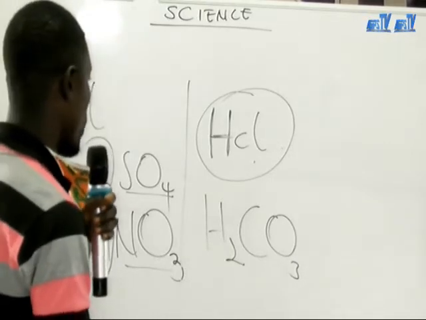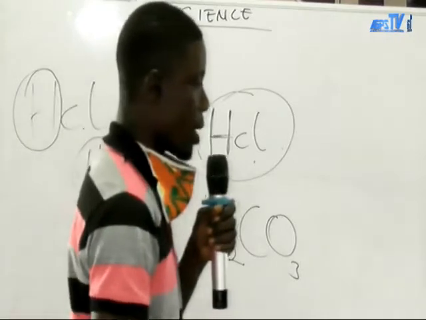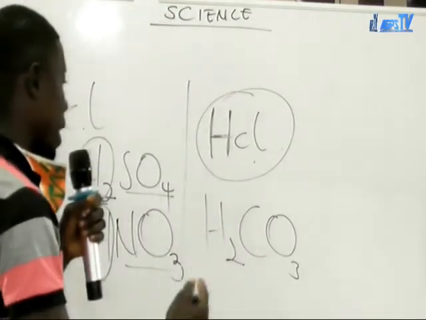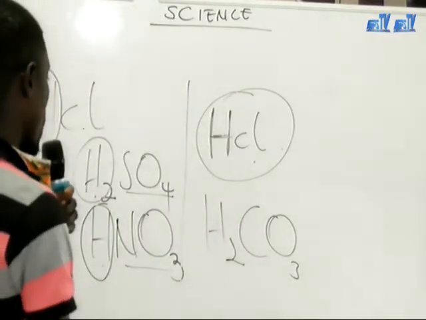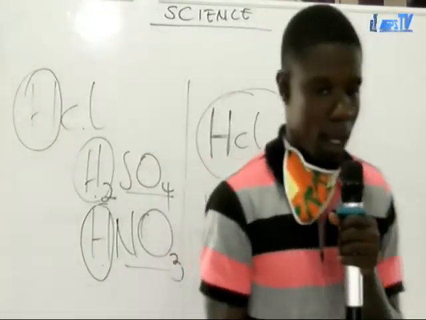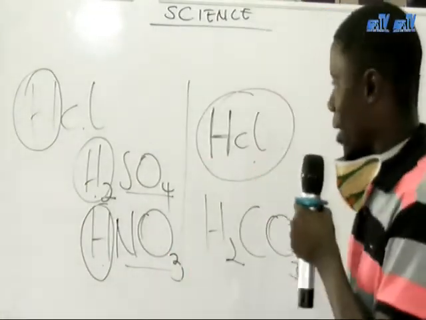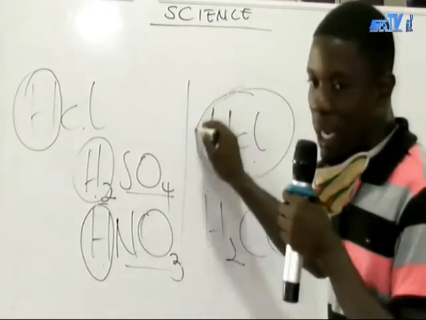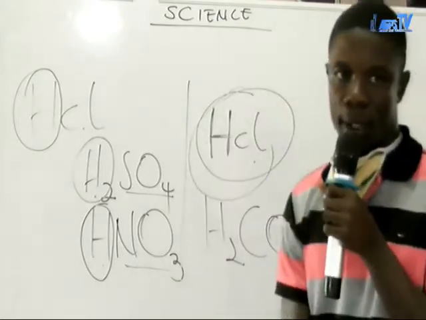All these are examples of acid, so it is not difficult. If you are told to state 3 examples of acidic substances, I hope you can mention some. All these are inorganic acids. Only hydrochloric acid can be organic and inorganic.